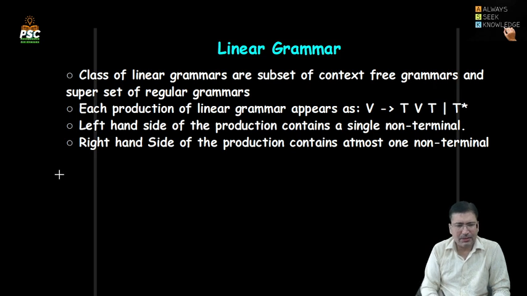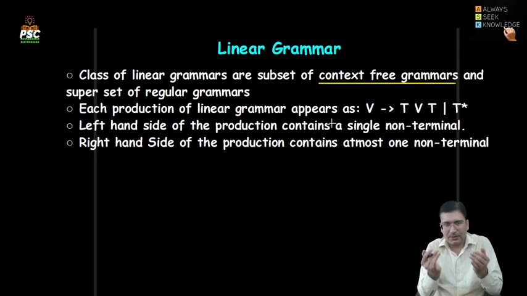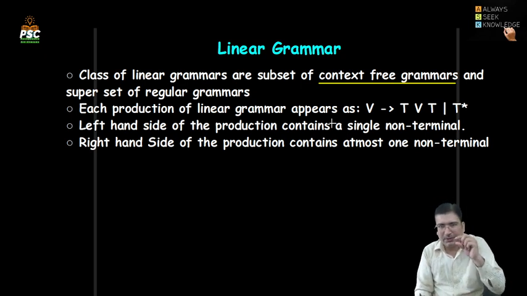Linear grammar is also a class of grammar. It is a subset of context-free grammar. Context-free grammar is more powerful than regular grammar. Linear grammar is a subset of context-free grammar, but it has more power than regular grammar, so we define it somewhere in between context-free and regular grammar.